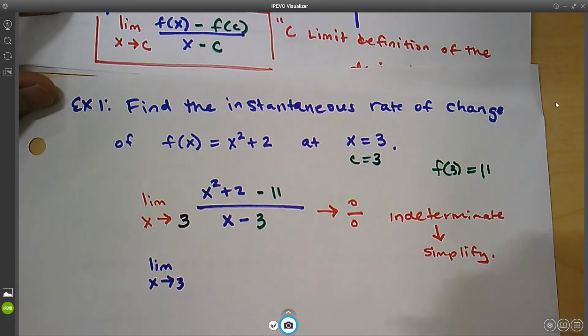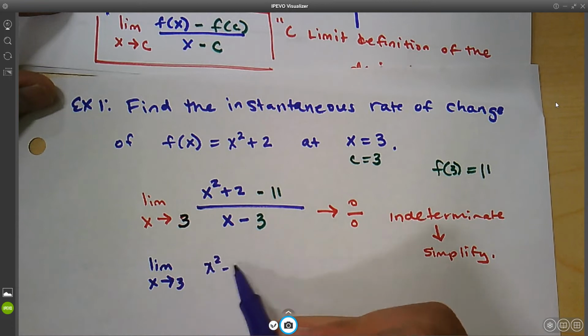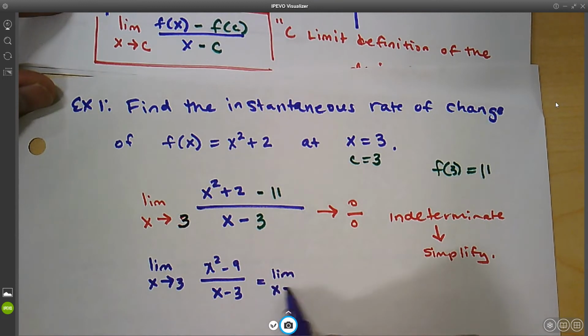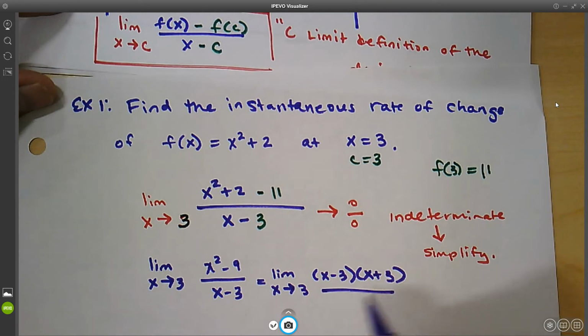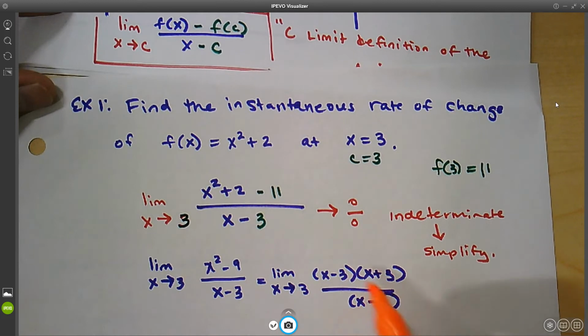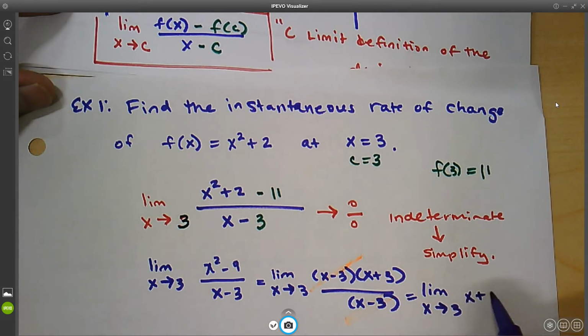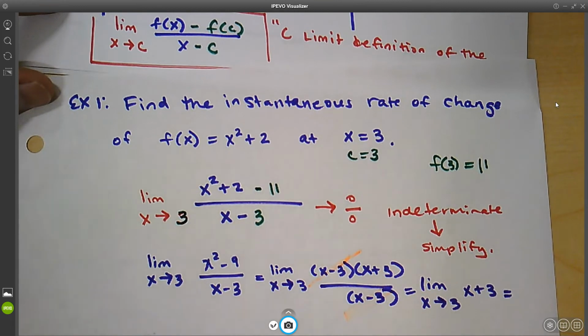x squared minus 11 ends up being x squared minus 9. Okay, but you guys like that because that's a difference of squares that you could factor. And then the x minus 3 gets divided out. You are just doing a limit of x plus 3, and this is where you drop your limit, because you are evaluating it.